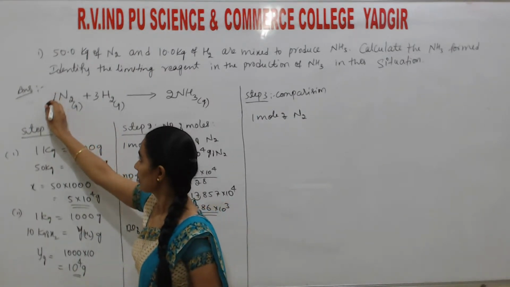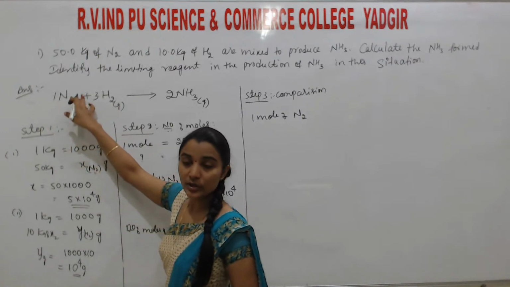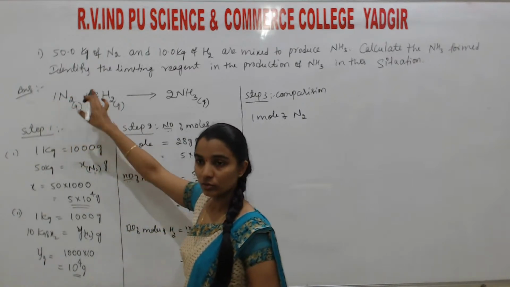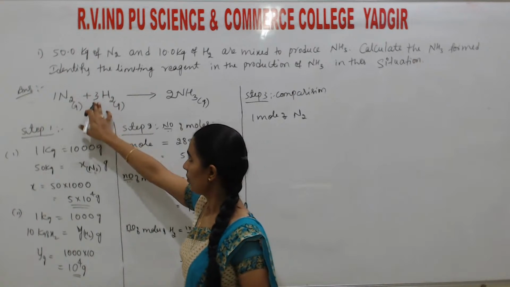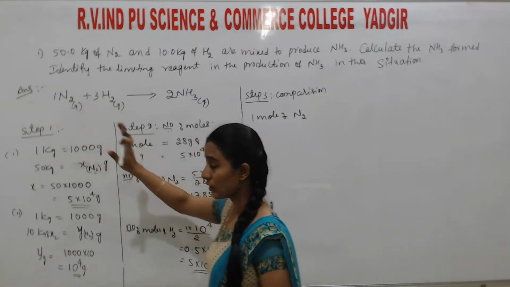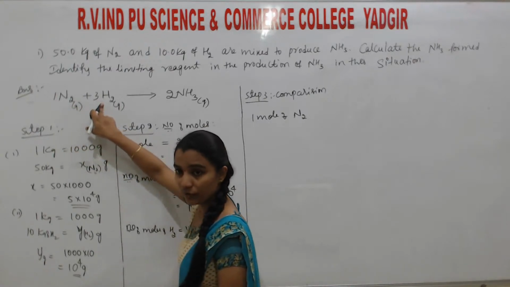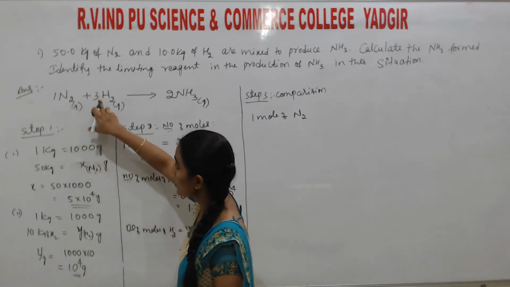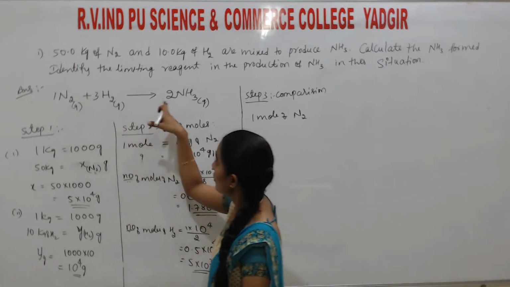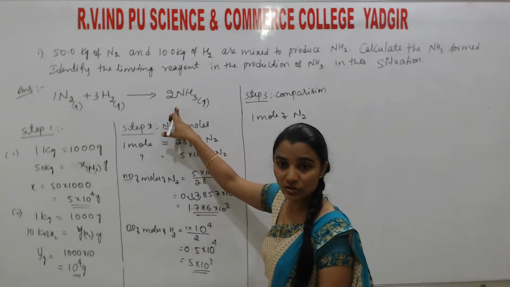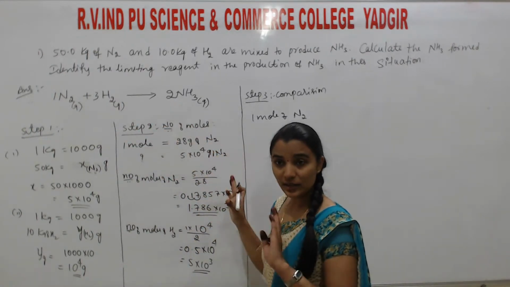Nothing is there means 1. So 1 mole of N2 requires how many moles of H2? How many moles are there? 3. So 1 mole of N2 requires 3 moles of H2 to produce 2 moles of NH3. Understand? That is the balanced reaction.